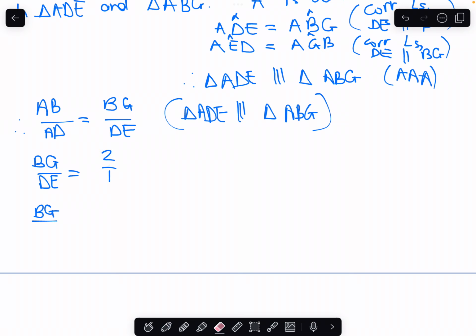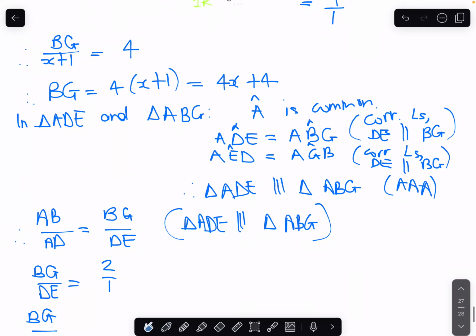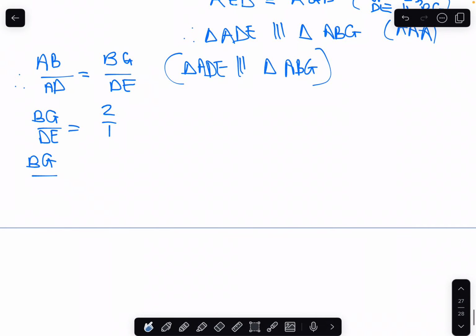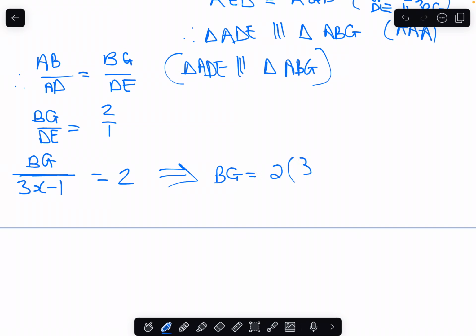So BG, I forgot about DE, is 3x minus 1, is equal to 2, which means that BG is equal to 2 times that, which is 6x minus 2.